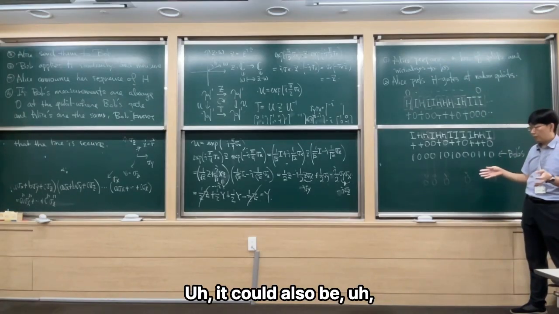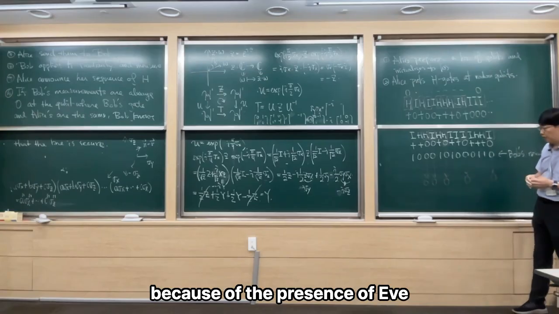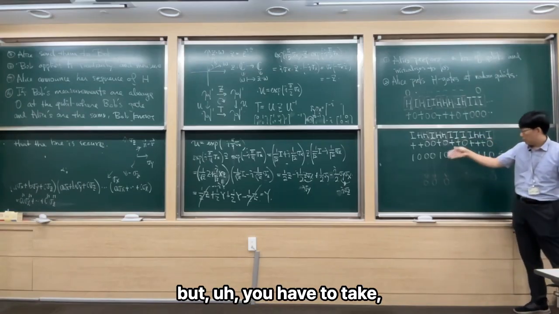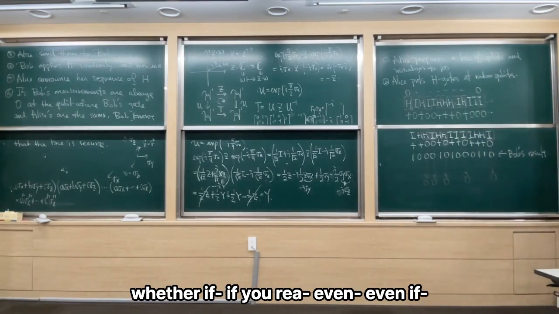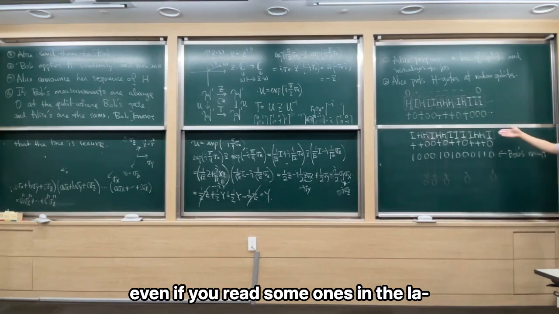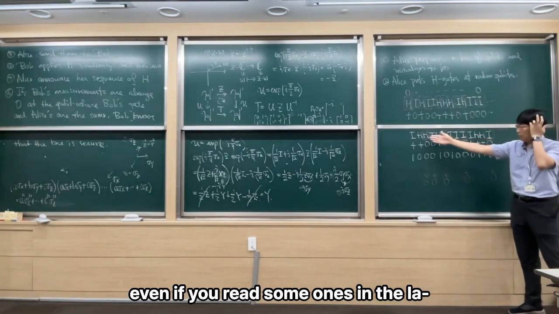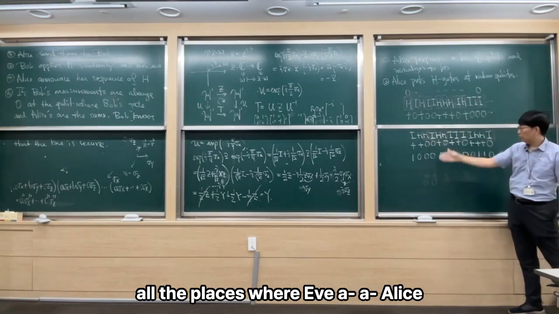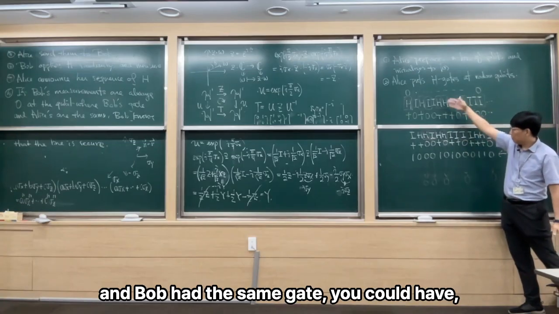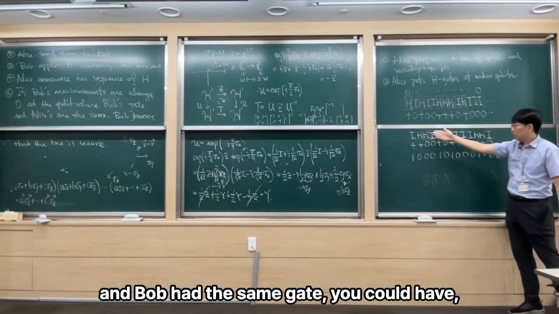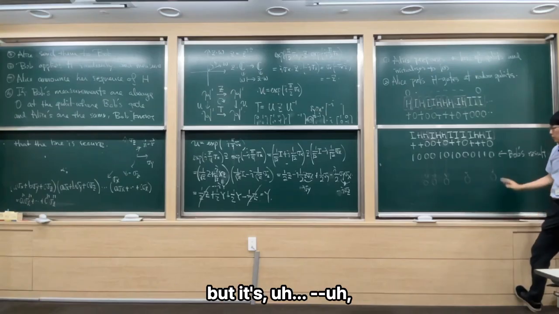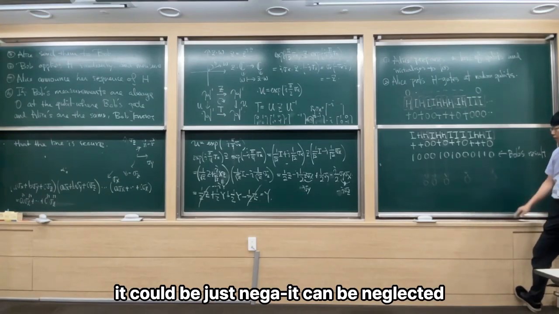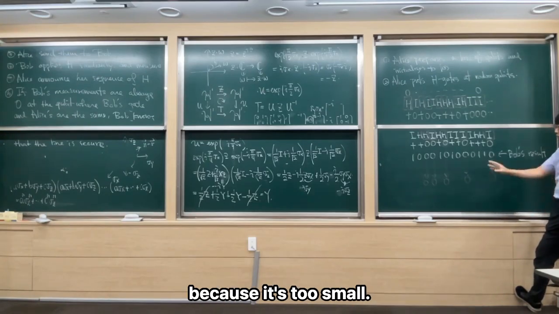It could also be because of the presence of Eve, but you have to take some kind of threshold. Even if you read some ones in all the places where Alice and Bob had the same gate, it could be neglected because it's too small.